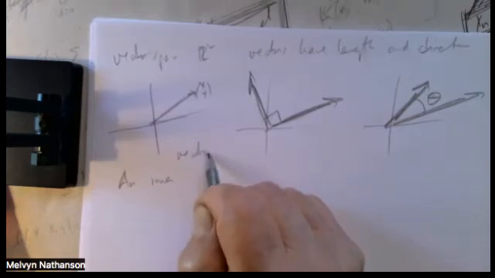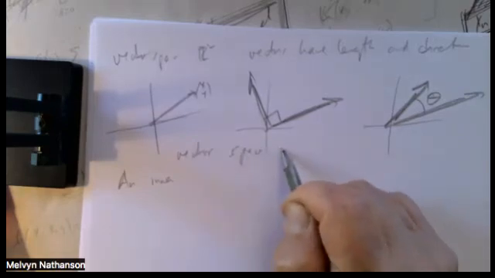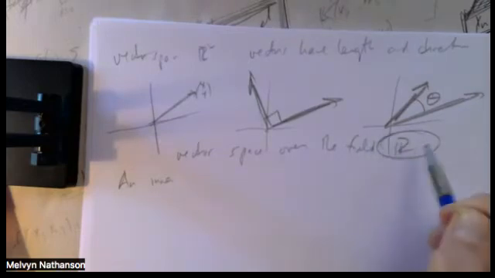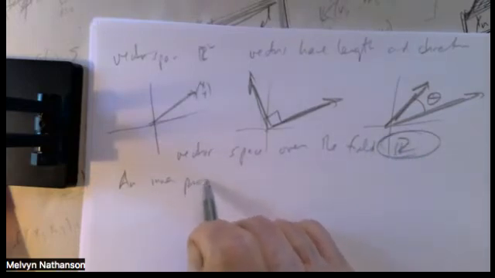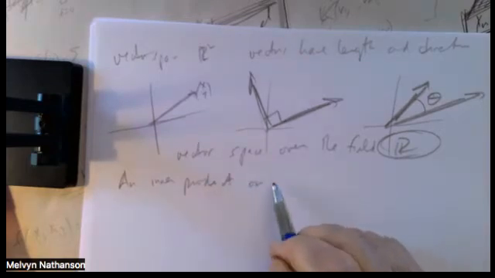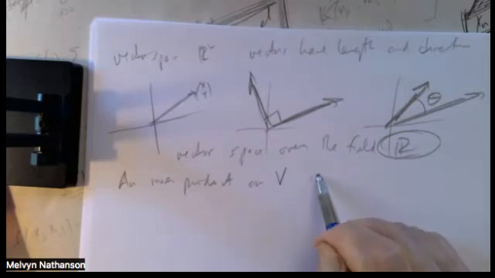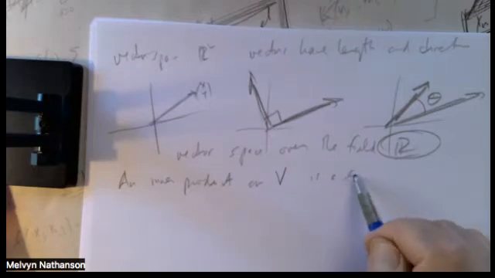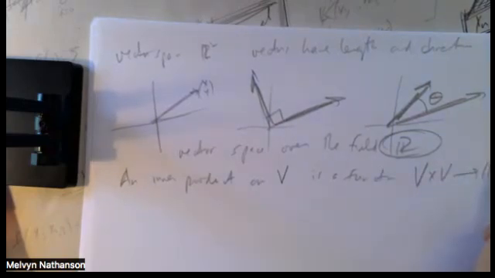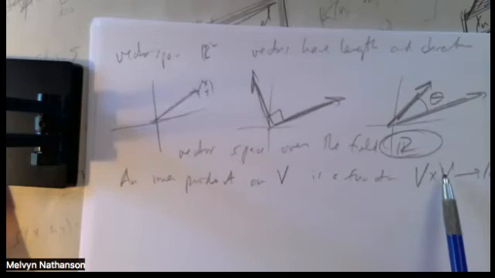So I just want to consider now vector spaces over the field of real numbers. So an inner product on V, a vector space, is a function from V cross V into R. That means it's a function that assigns a number, a real number, to every ordered pair of vectors.